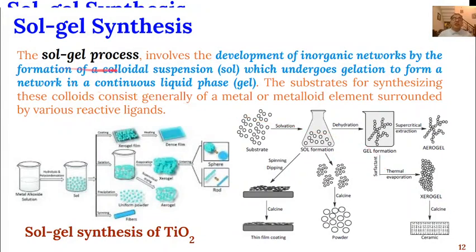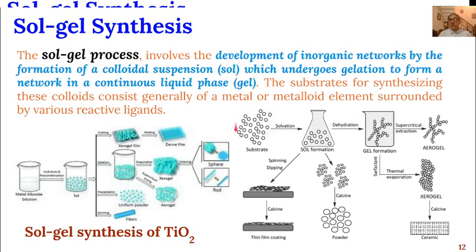Then sol gel process involves the development of inorganic networks by formation of a colloidal suspension which undergoes gelation to form a network in a continuous liquid phase, which is a gel phase.